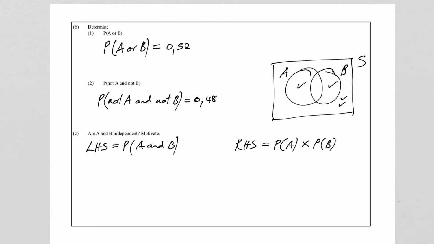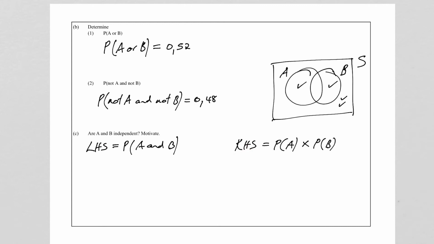We first need to calculate or use our Venn diagram to find the and, which will be easy because we've got the Venn diagram. And then we need to find probability of A, which is also easy, and we need to multiply it by the probability of B. And if the two answers, left and right hand side, are the same, it means they are independent.